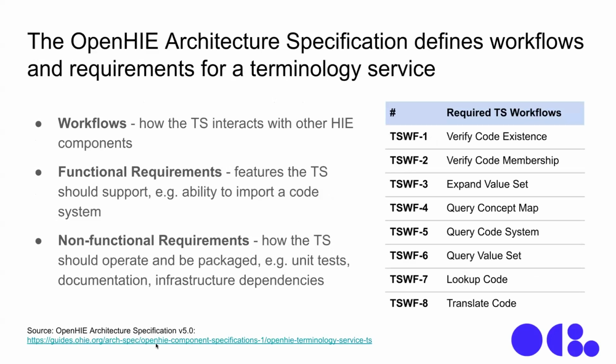And so the specification for OpenHIE will describe each of these as workflows, and then defines a set of functional and non-functional requirements on top of this. This is a great place to start if you're thinking about how do I start to incorporate a terminology service into my architecture? What capabilities could it provide to other architectural components? This is where you begin.